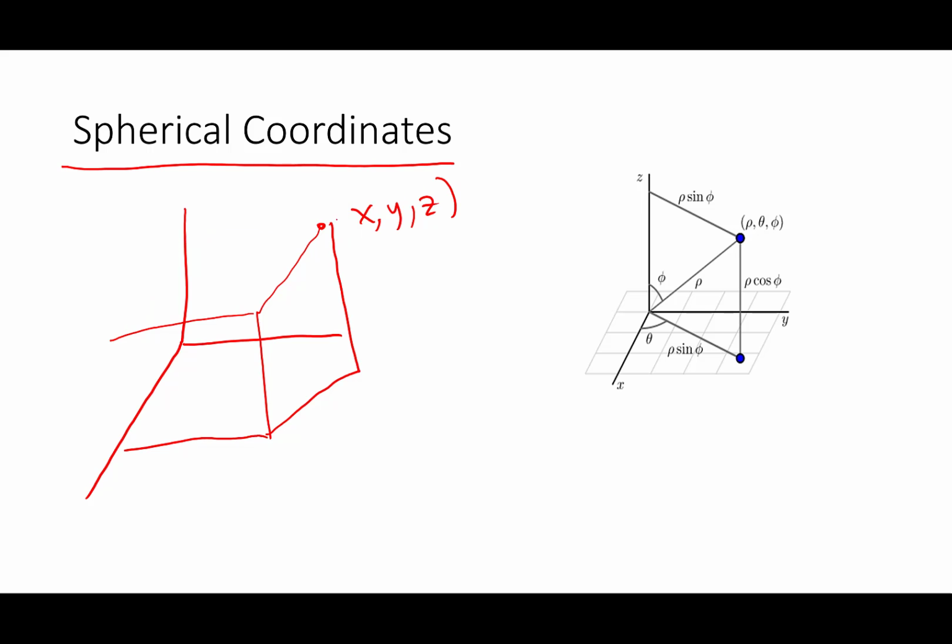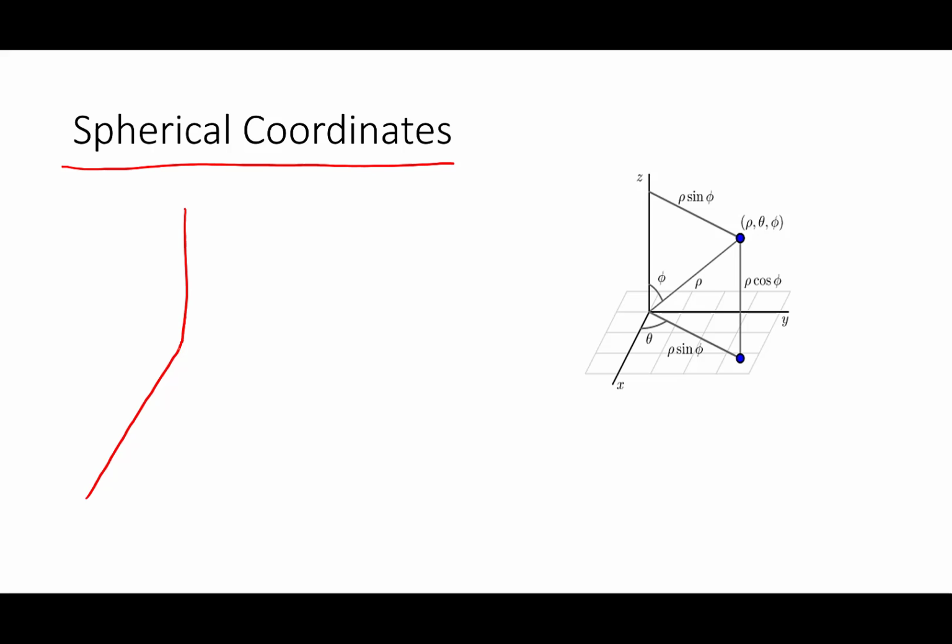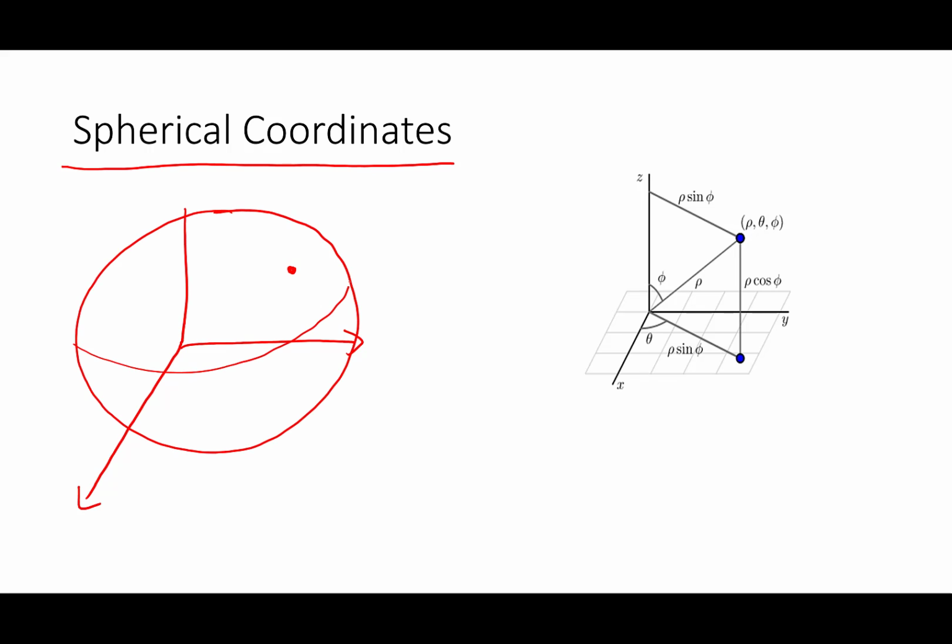Now, like the name says, spherical coordinates, instead of thinking about that point as living on a rectangular box, we're going to think about it as living on a sphere, a sphere of radius, as you can see on the right here, rho.